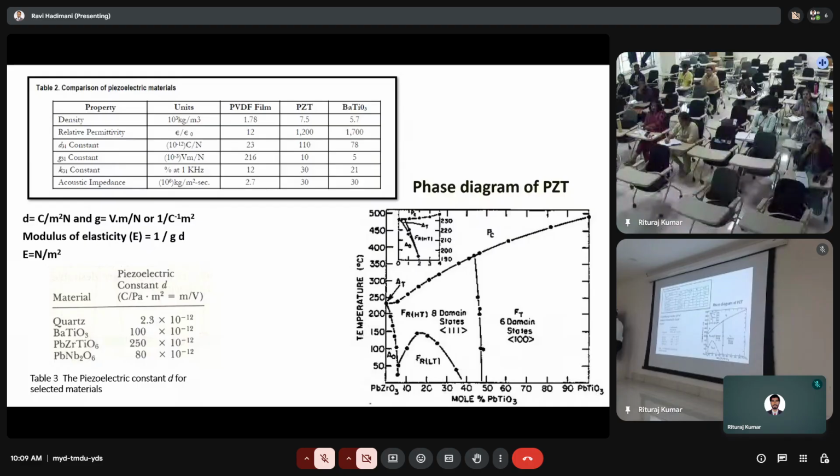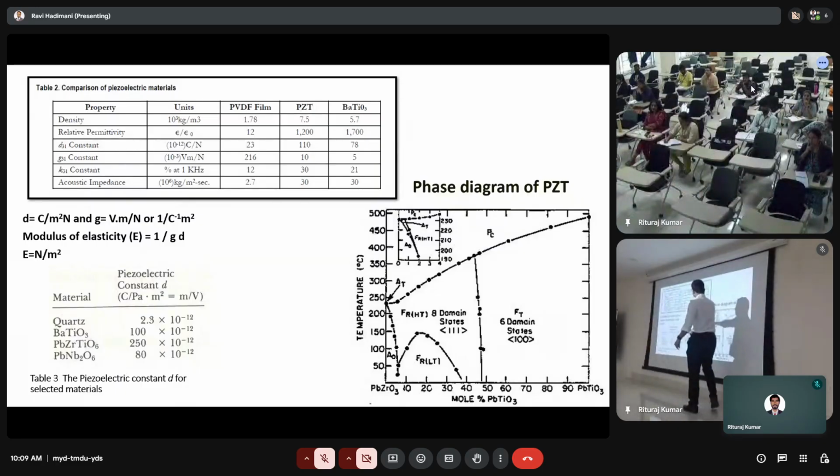But if you take the slope for a ferroelectric hysteresis graph, that is polarization by E field, change in polarization over change in E field, the slope of that curve gives relative permittivity. So that is 12 for PVDF and 1200 for PZT.